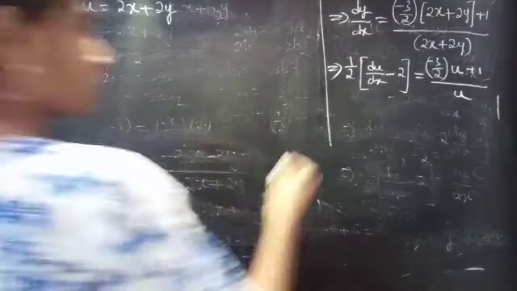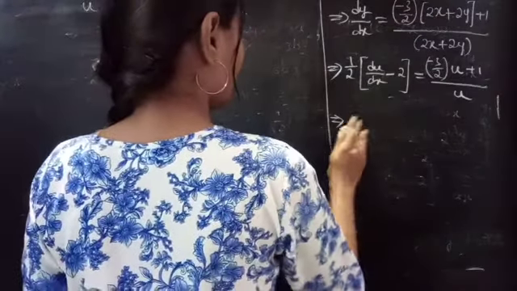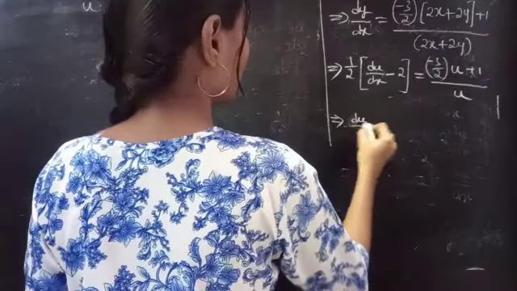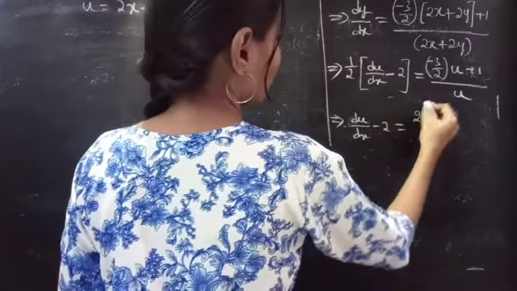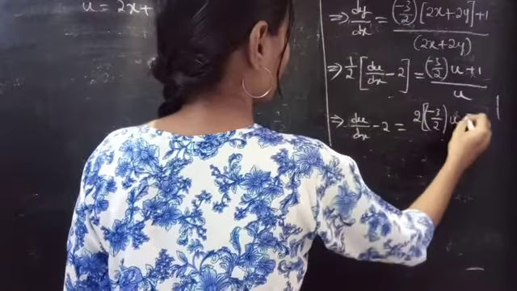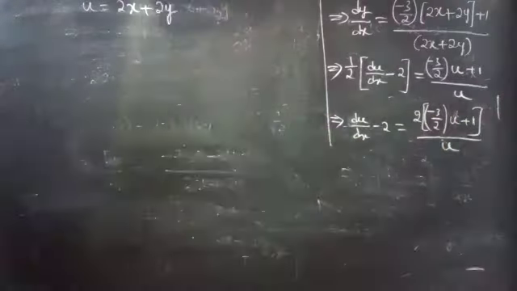Then we can take this 1 by 2 to the RHS, right? Then you'll get du by dx minus 2 equals 2 times minus 3 by 2 into u plus 1 by u.